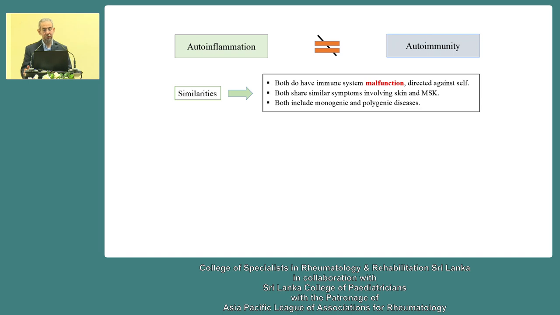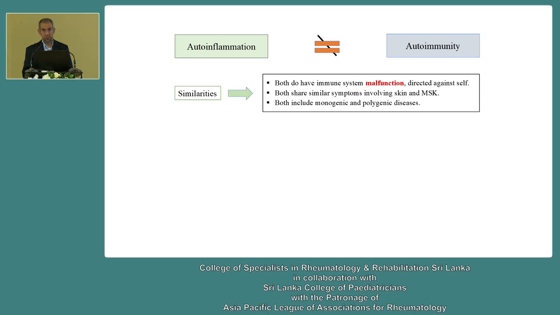Both do have immune system malfunction directed against self, and this is the reason we call it auto. And both share similar symptoms involving multi-system, mainly the skin and musculoskeletal system, and both include monogenic and polygenic disease.